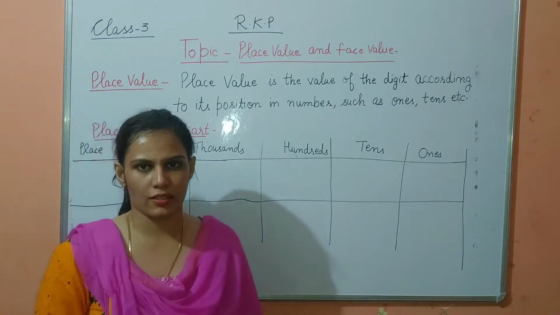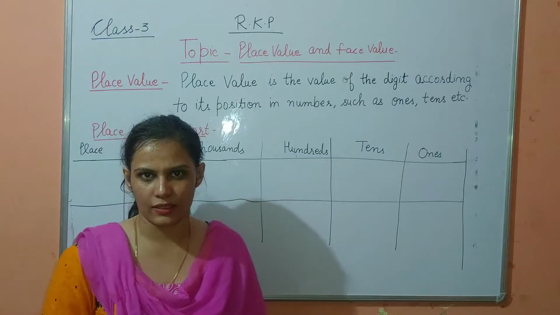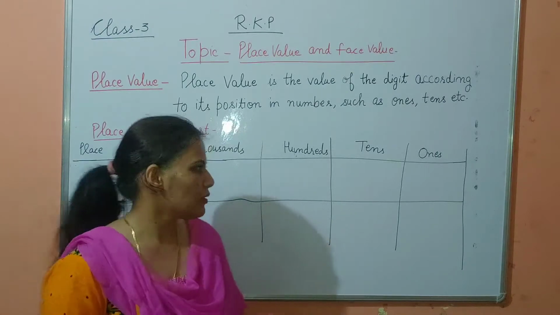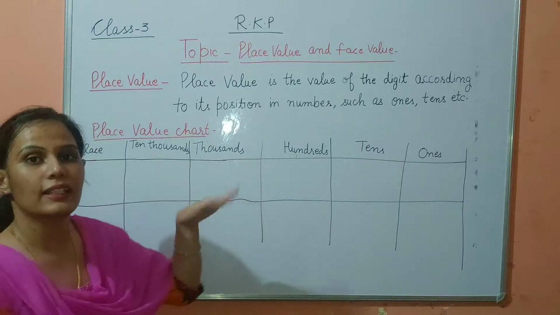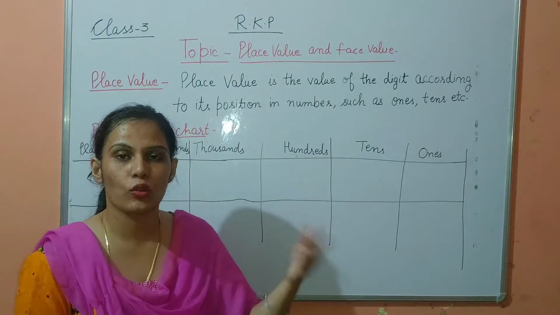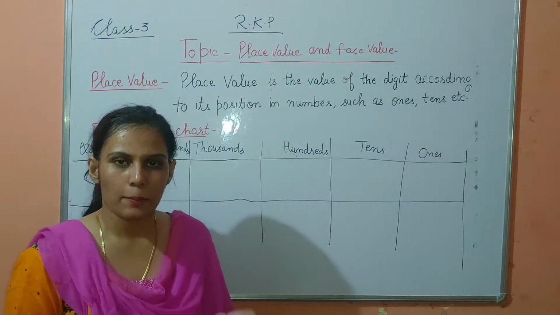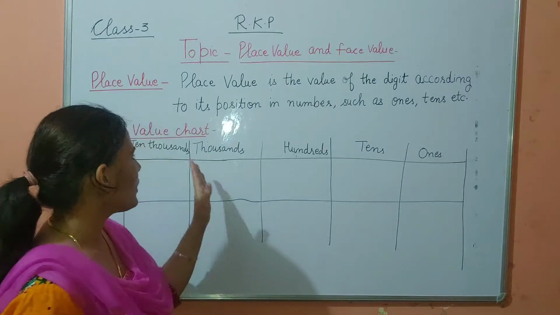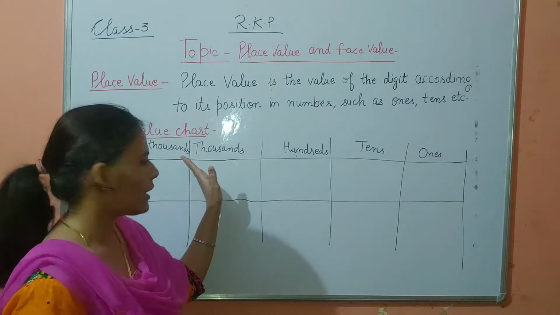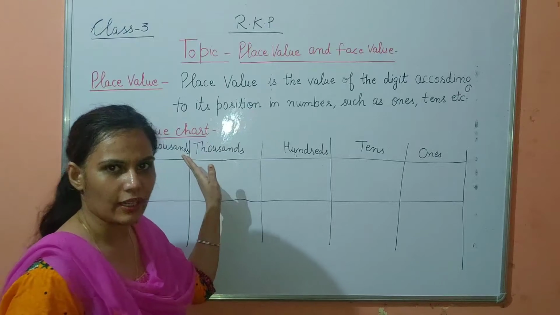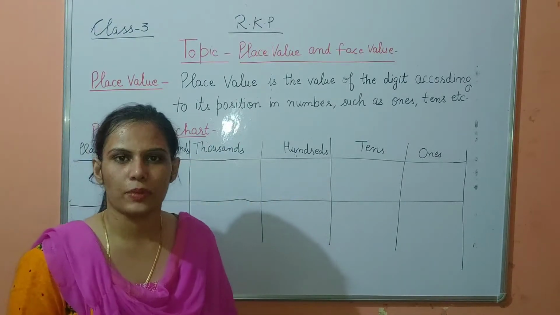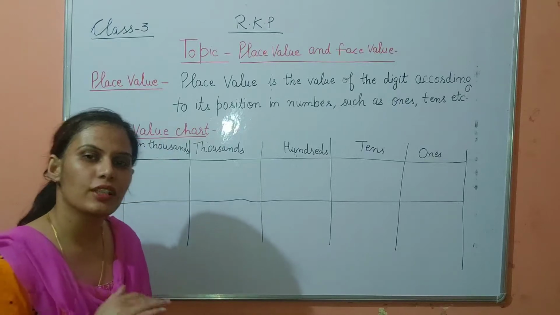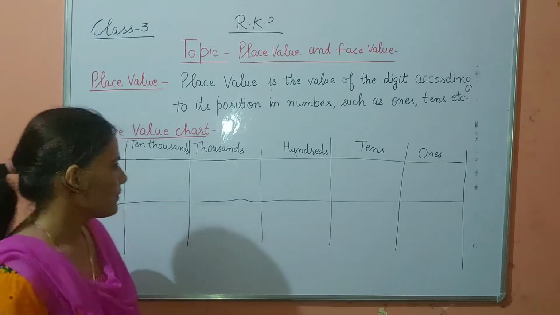In the Indian numeral system, we have 9 periods like ones, tens, hundred, thousand, 10,000, lakh, 10 lakh, crore, 10 crore, like this. But we will study only the values up to 1000. These are the places in a given number that I have already told in the previous lectures.